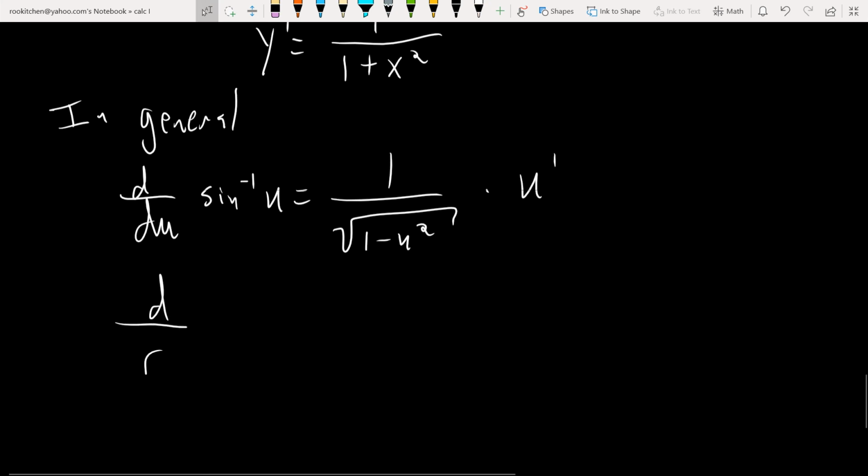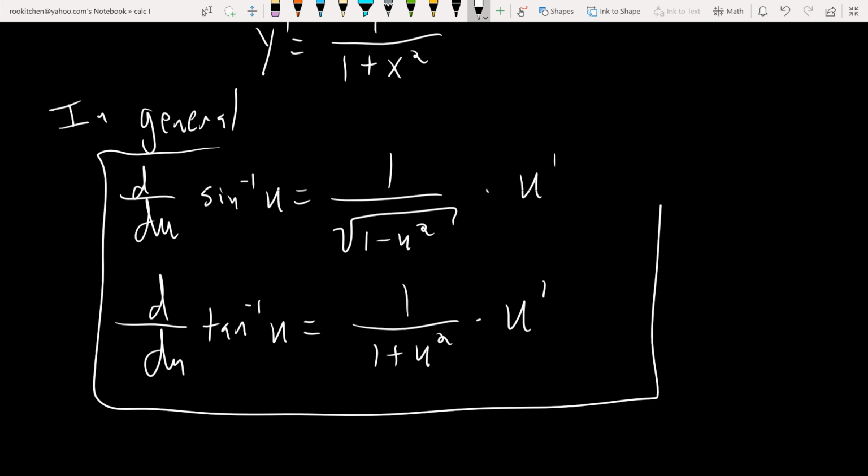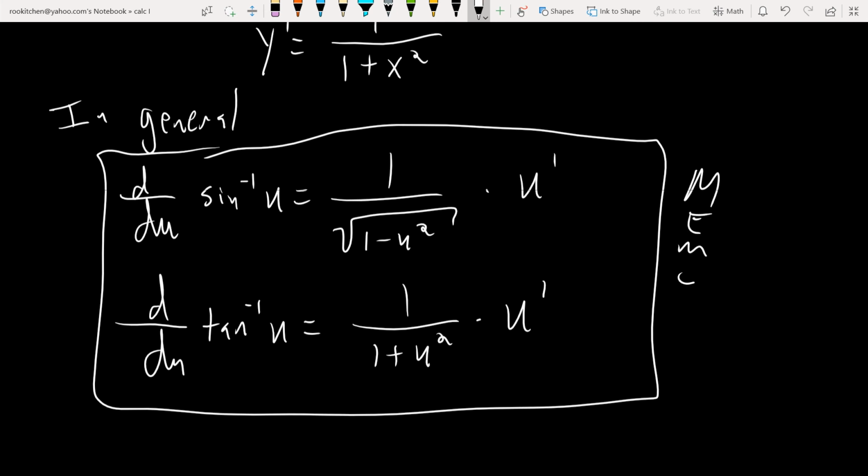The derivative with respect to u of arc tan, or if you'd rather, tan inverse of u, I'm kind of using the other notation, that'll be 1 all over 1 plus u squared times the derivative of u. And you need these memorized. Okay? Memorize.